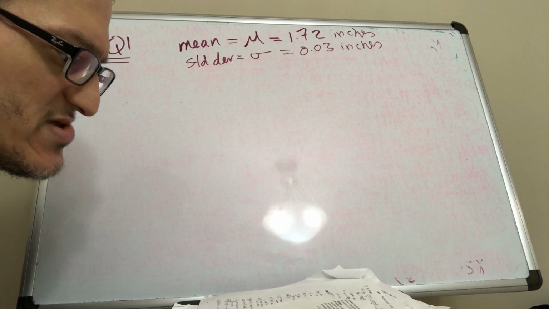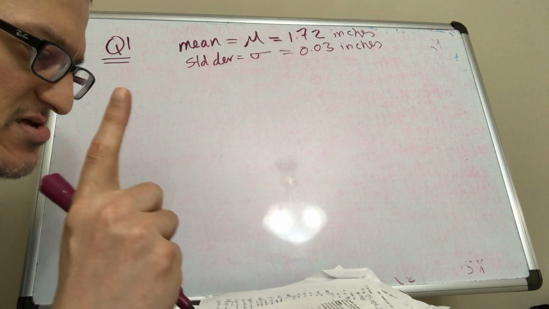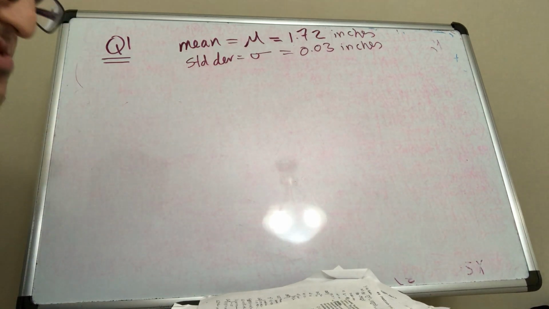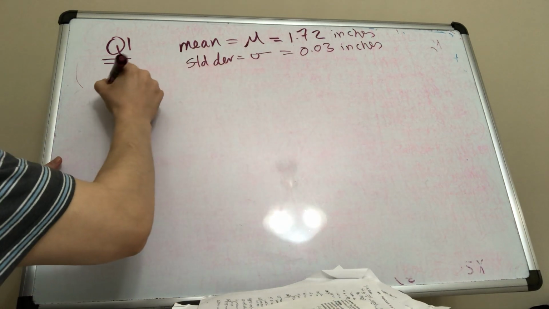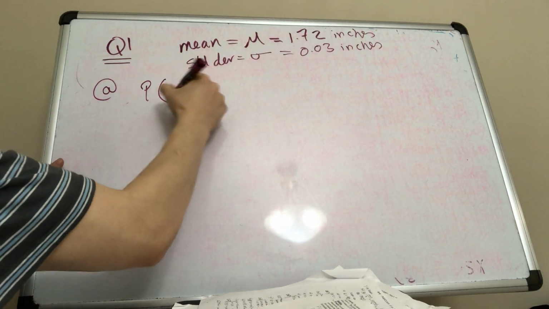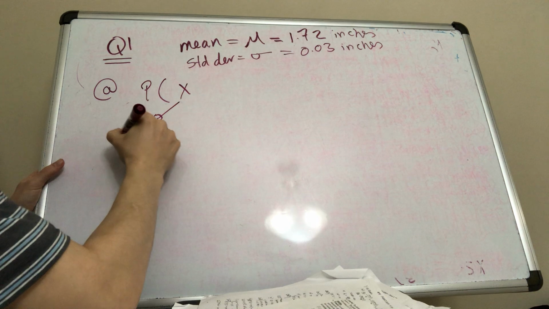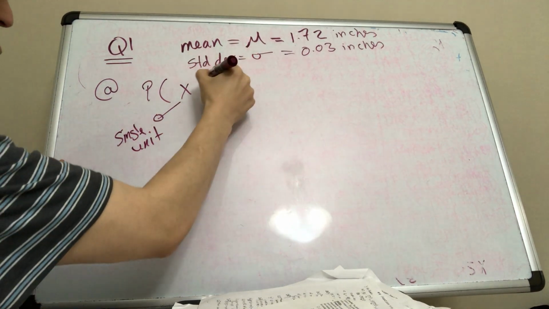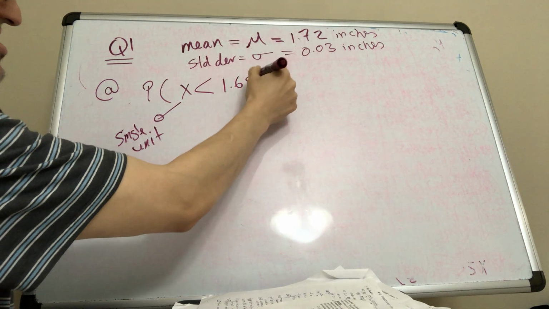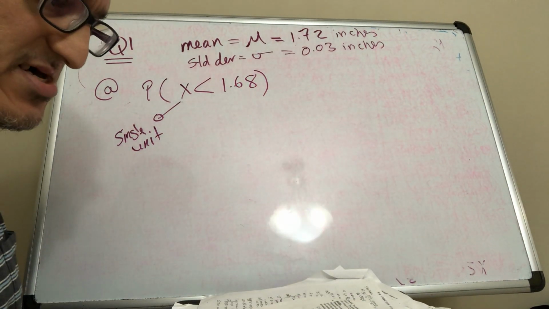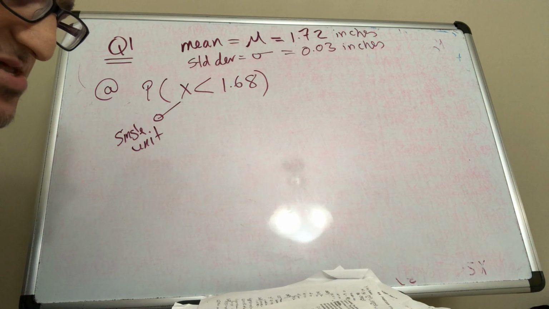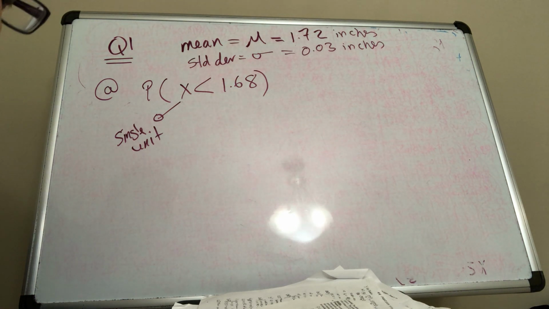Question: what's the probability that a selected golf ball, one ball, will have a diameter less than 168? So we're talking about what's called the probability of a single unit. One ball, and it's less than 168. And if this probability is more than 10%, then it will be scrapped.